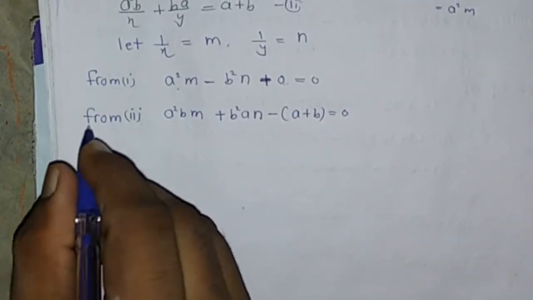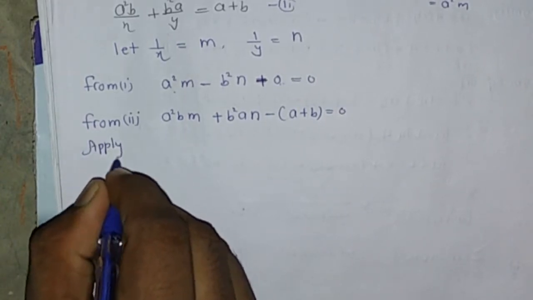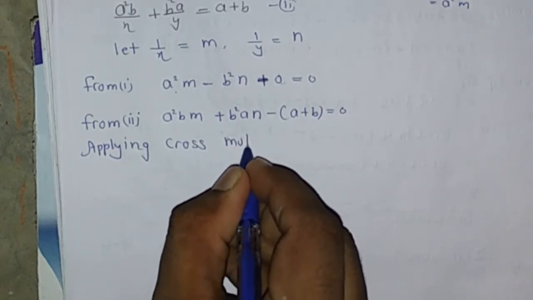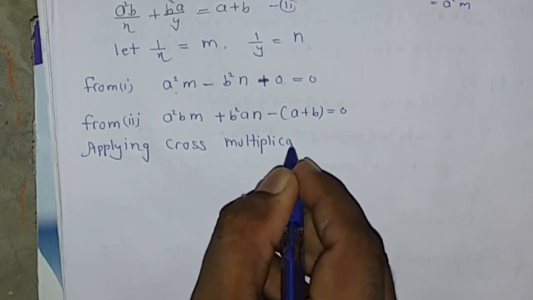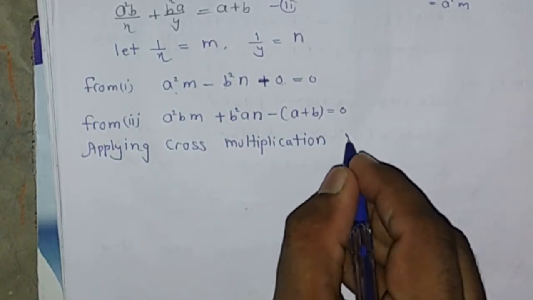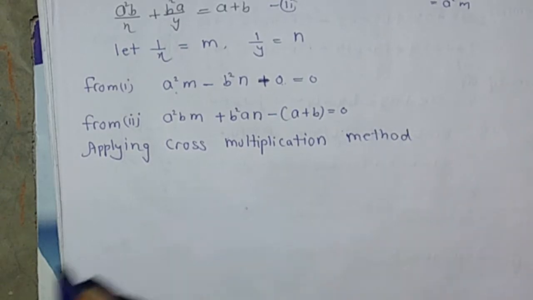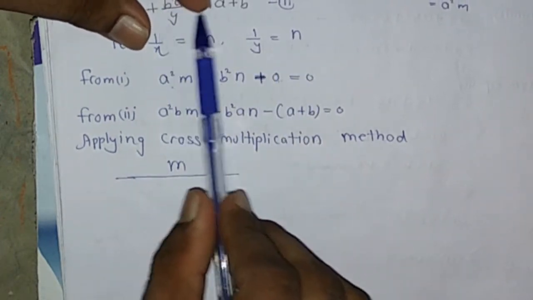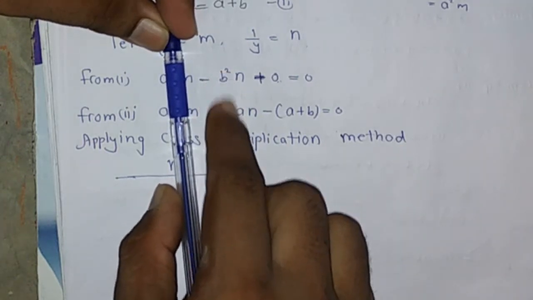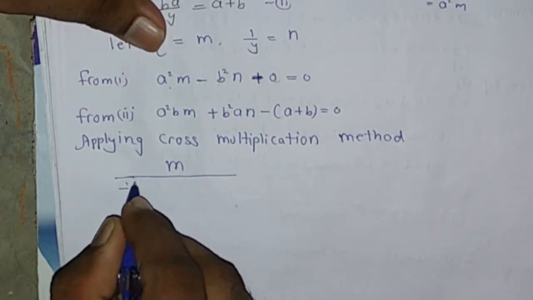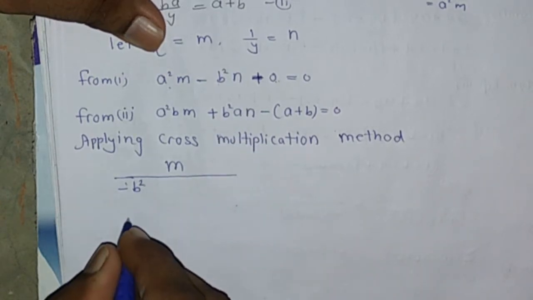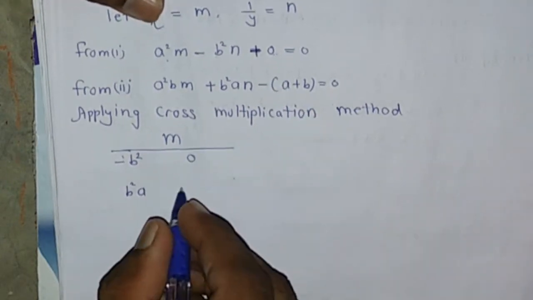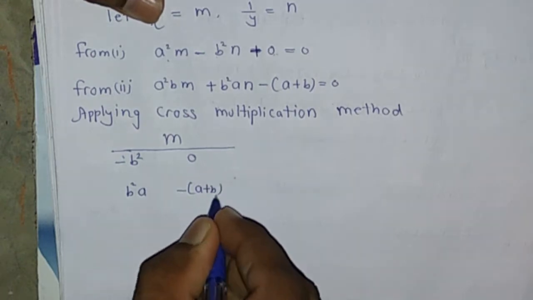Then from the cross multiplication method we have m by, hide the coefficient of m: minus b square, b square a, minus b square means coefficient of n, b square a, 0 which is C1, and C2 is minus a plus b.